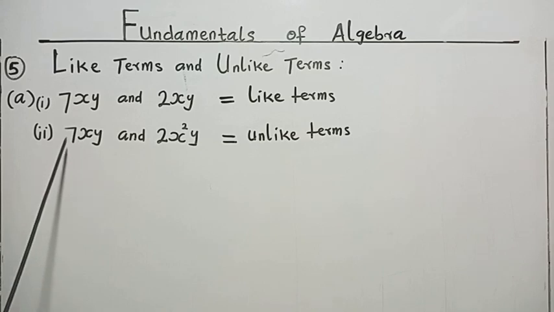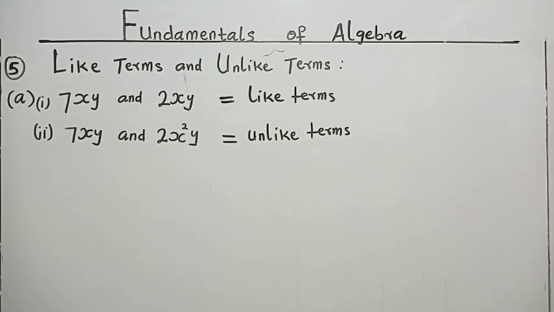Look at this second case here. 7 and 2 remain the same constants. That does not mean at all times that coefficients must always be constants. But in most cases, we use constants to find out which algebraic expressions are like terms and which ones are unlike terms.